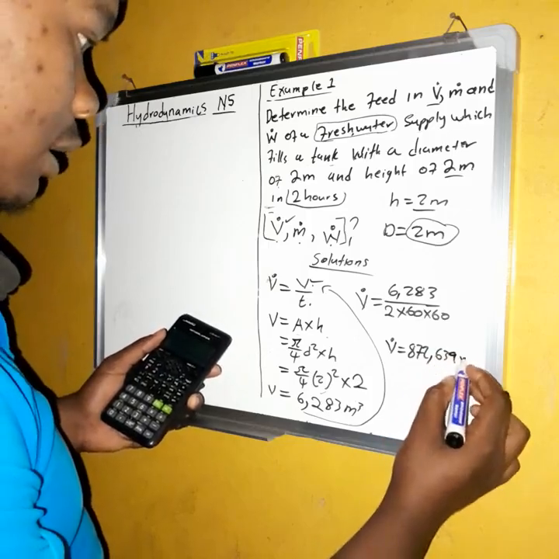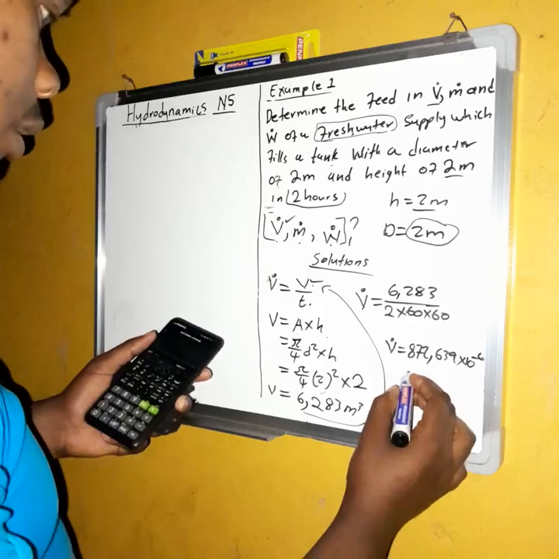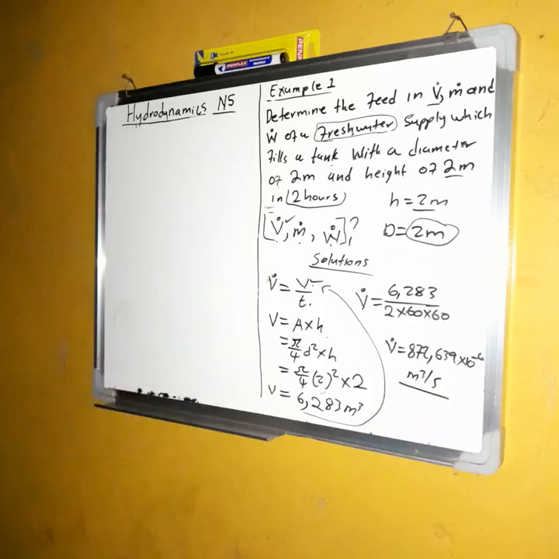Right, this we multiply by 10 to the minus 6. This will be in cubic meters per second. Right, that is our answer. I hope you understood this, guys.